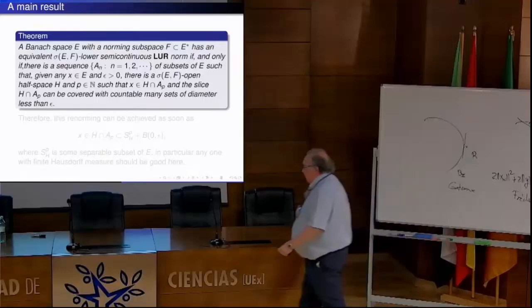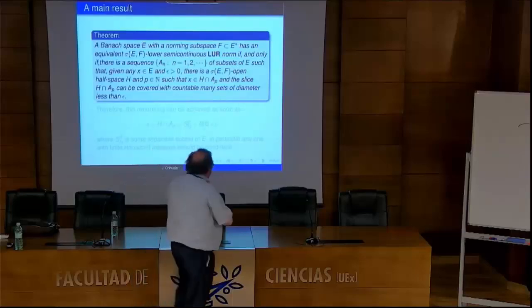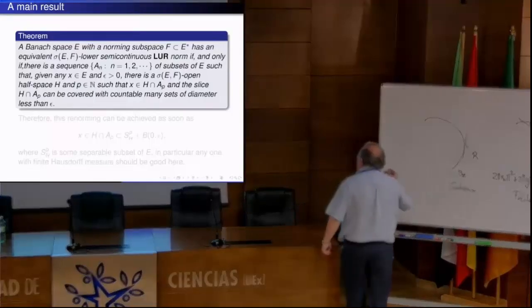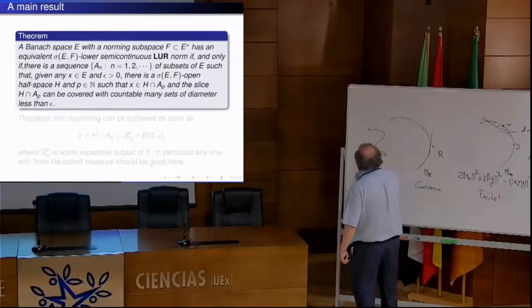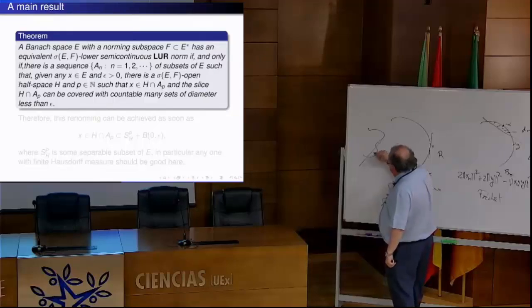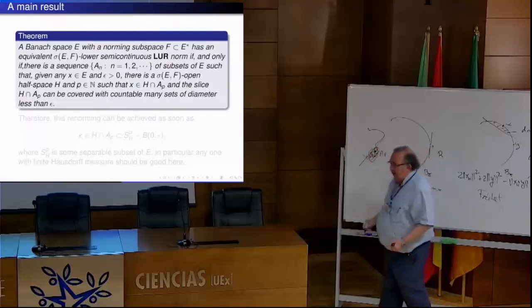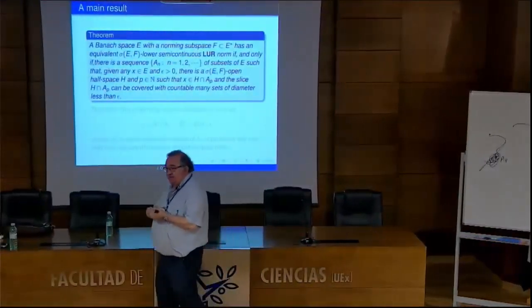I simply say that the theorem says that we have a LUR norm if and only if there is a sequence of subsets A_n such that every point finds a slice in which the point lies, and these can be covered by countably many balls of diameter less than epsilon.